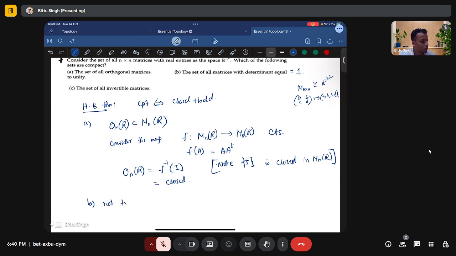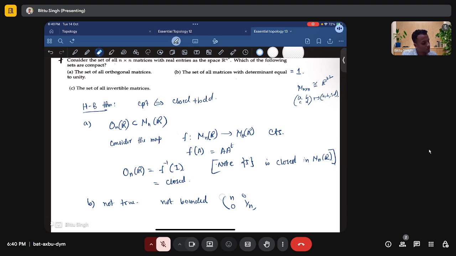Though this is closed, using the determinant map, we get that the set of all matrices with determinant 1 is closed. But this will not be bounded. Take n comma 1 by n. So this kind of matrices has determinant 1.